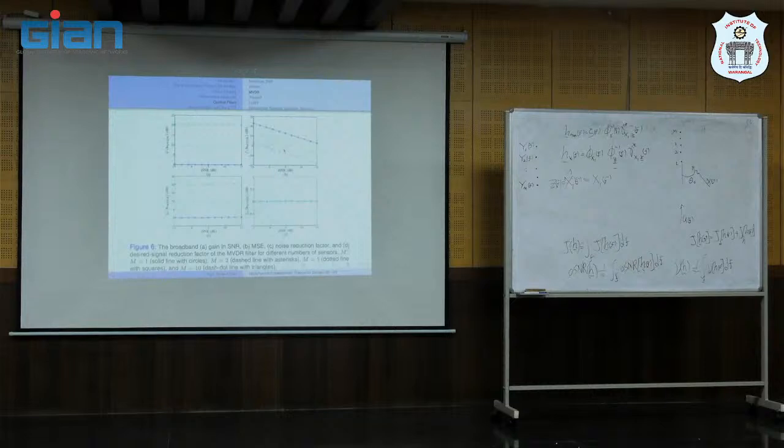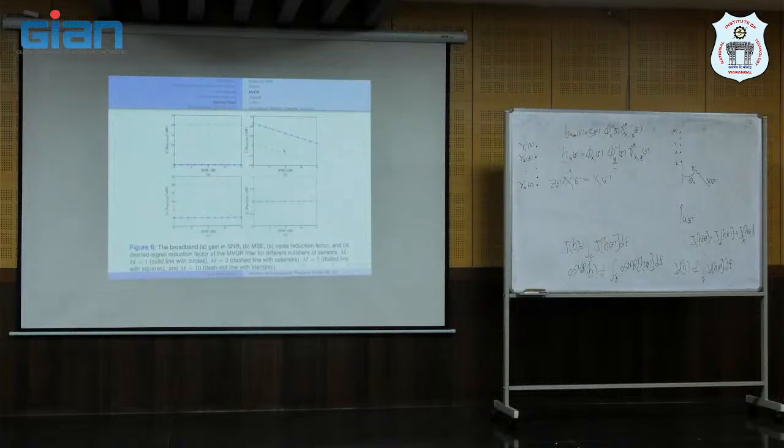In this example, using the previous example, the same, but I use the MVDR and I compare the gain in SNR, the mean squared error, the noise reduction, and the distortion. So you see, for different numbers of sensors, blue is 1 sensor, then we have 2 sensors, green, red 5 sensors, and then 10 sensors.